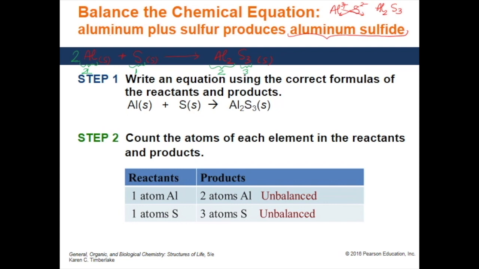To balance it, I need to make it 3 on both sides, and in order to do that, I'll have to multiply the reactant side by a coefficient of 3. So the final answer here would be 2 aluminum atoms react with 3 sulfur atoms to produce 1 aluminum sulfide. So this would be the final balanced chemical reaction.